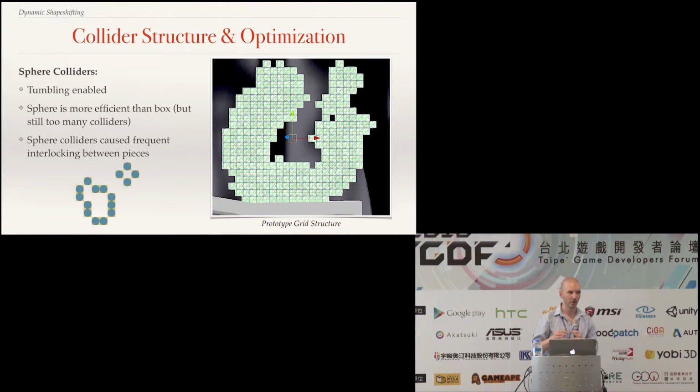If they go into each other diagonally, it's pretty much going to lock every time, as you can see. Oh, by the way, this was how the prototype ended up. So it was sphere colliders on the perimeter. Just didn't work very well.